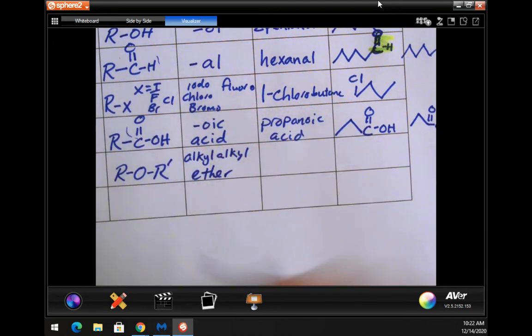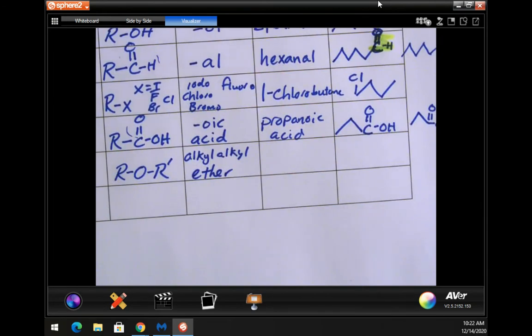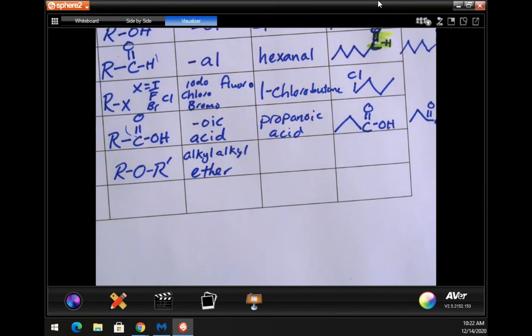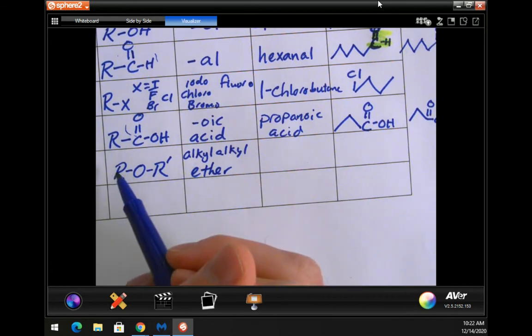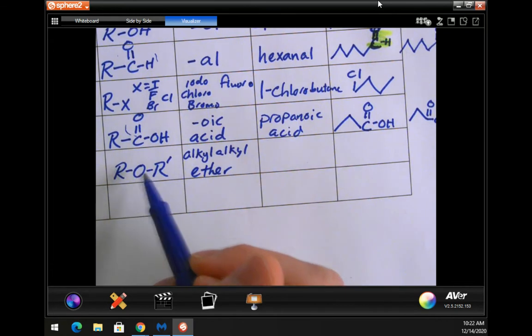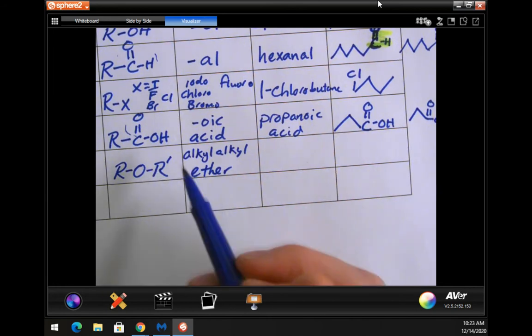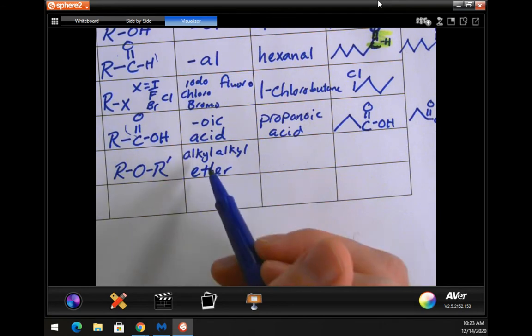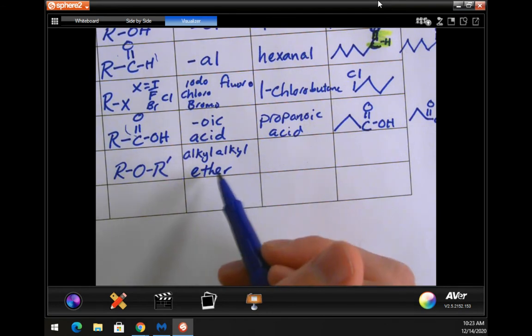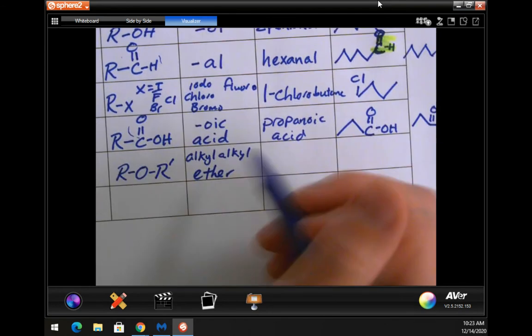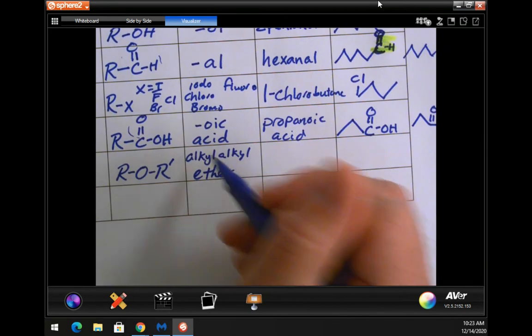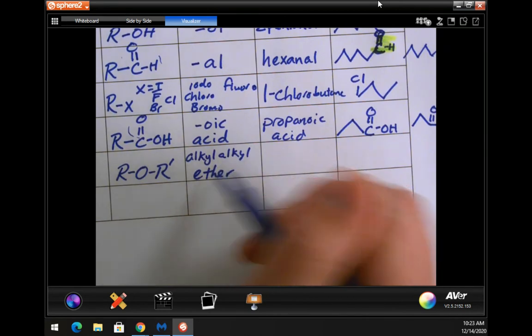Now you'll also see it, and I'll go ahead and say this, they'll also use oxy in between the 2 of them, so it could be like methoxypropane or something like that. I don't want to show you that, but just for later on, there's 2 ways that they name ethers. We're just using this simple one. They're actually both pretty simple, but we're going to use the really, really simple one.